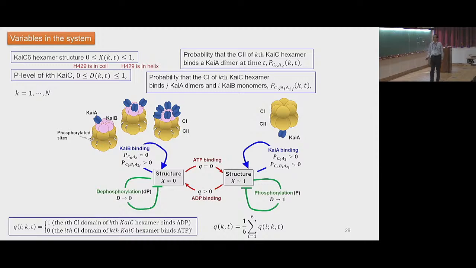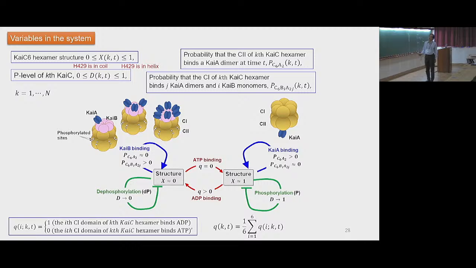And Q here represents the state of how the nucleotide is bound on the C1 domain. And we assumed that KaiA binding is favored in the X equals 1 state.